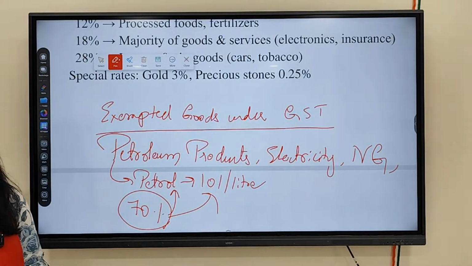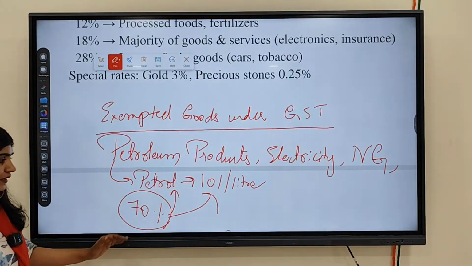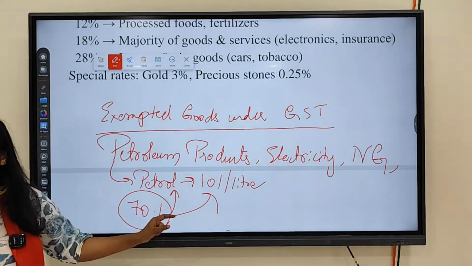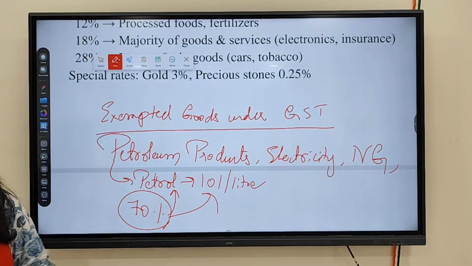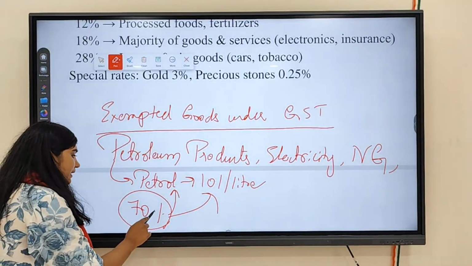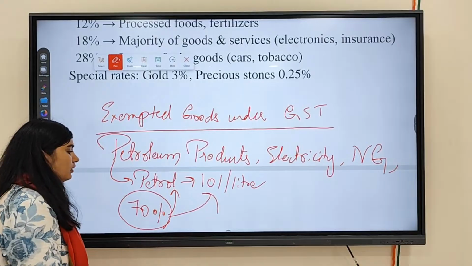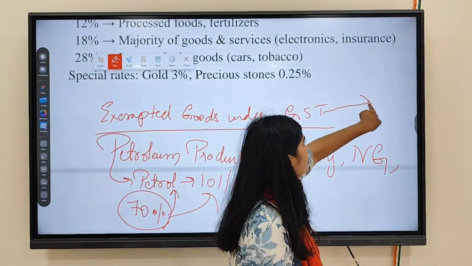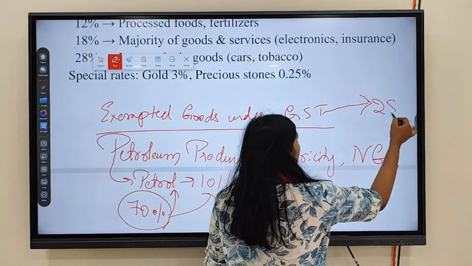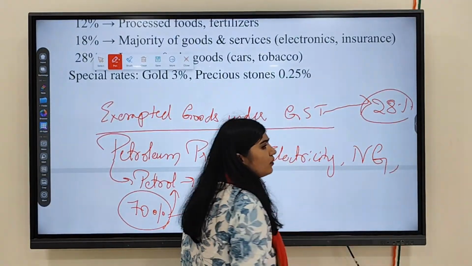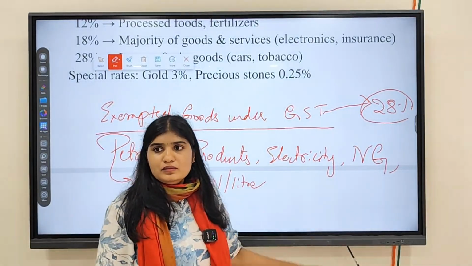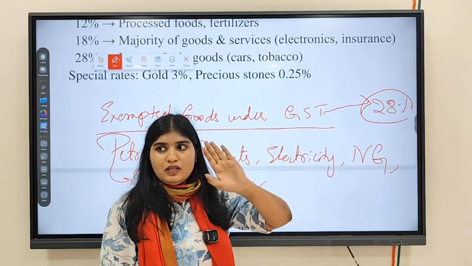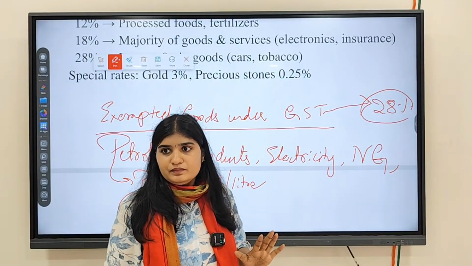Central government and state government both levy taxes for petrol and diesel. If petrol comes under GST, what is the highest tax slab under GST? 28. If the central and state governments agree to put petrol under GST, the price will decrease.